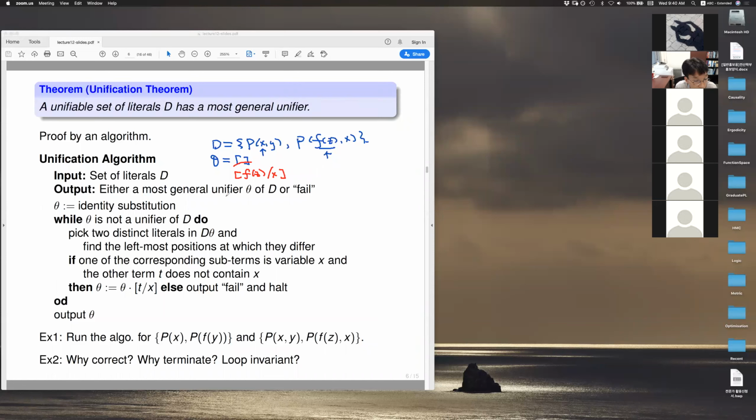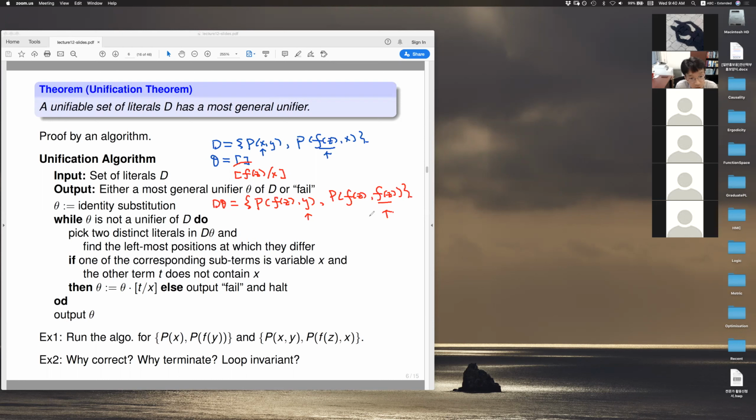And now if you apply the substitution here, d theta, we're going to have p of f of z, y, and p of f of z, f of z. Okay, so that's what we have. Now this time, if we do the same thing, we detect the leftmost place where the difference happens. In one it's a y, and in the other f of z.